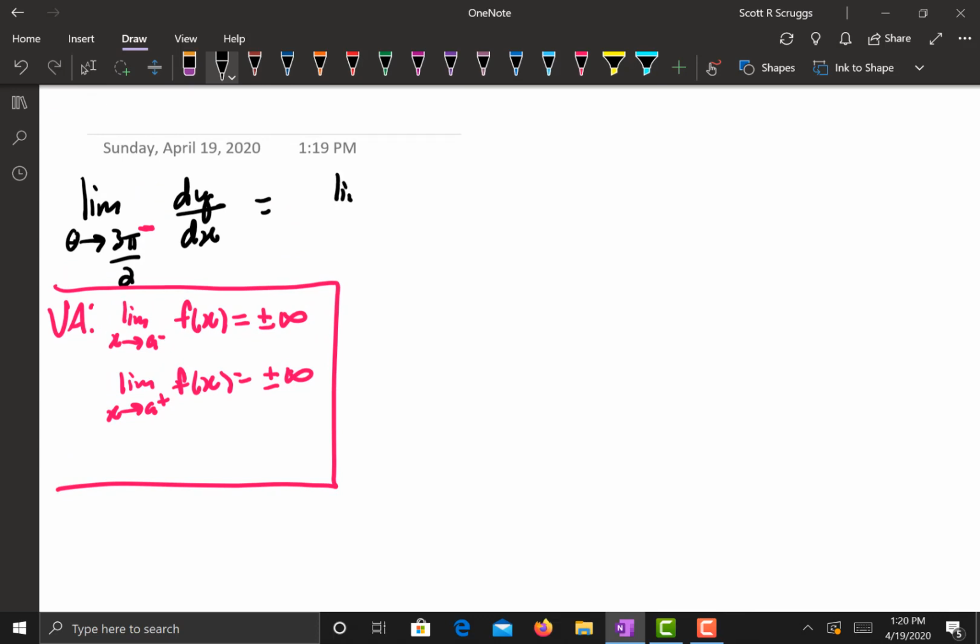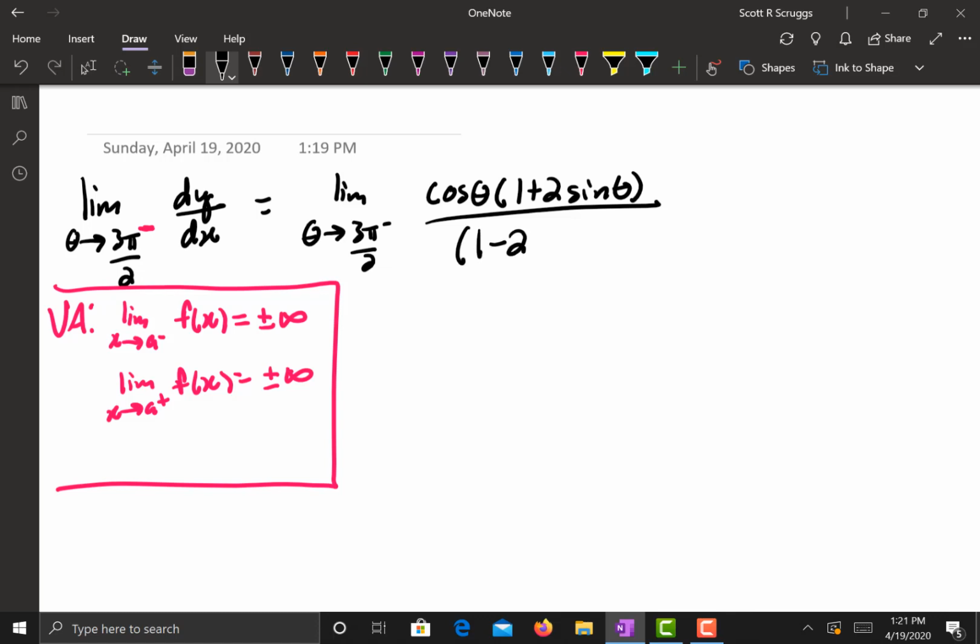So I get the limit as theta goes to 3 pi over 2 from the left of cosine of theta times 1 plus 2 sine of theta, multiplied by 1 minus 2 sine of theta times 1 plus sine of theta.